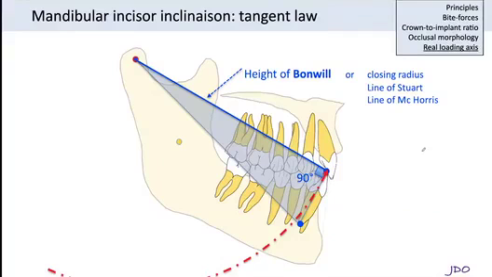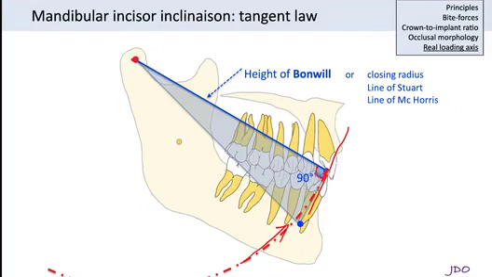And the biomechanical rule is very simple. If you observe the position of the lower incisors, when you are closing the mouth, turning around the condyle, the direction of the force is tangent to the closing cycle, 90 degrees here. It is not vertical.